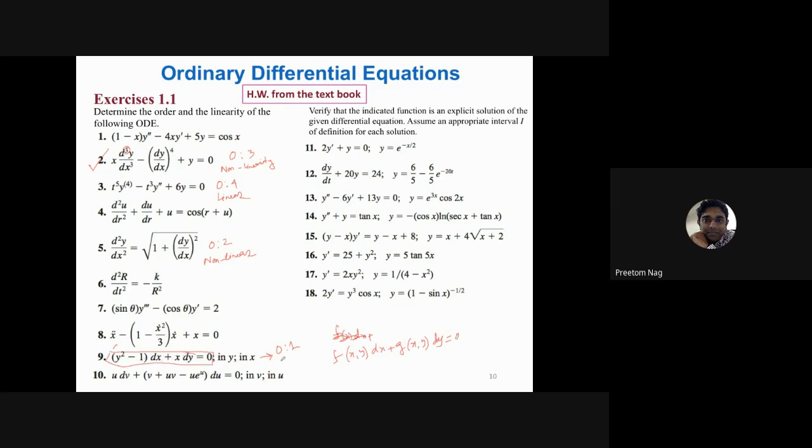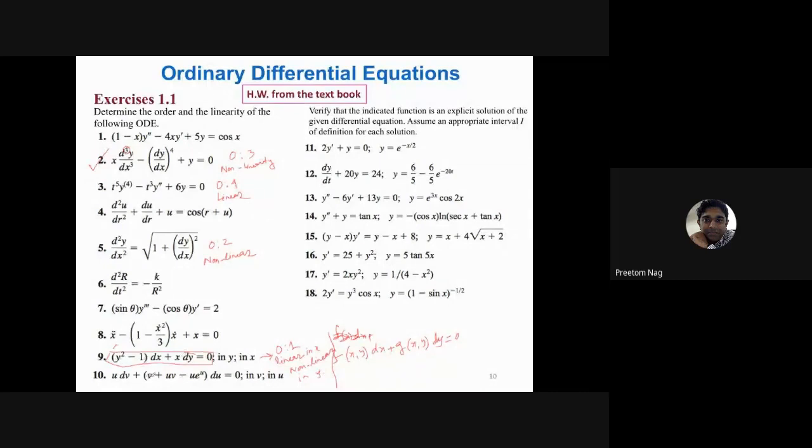So it is linear in x but non-linear in y because there is a y square.